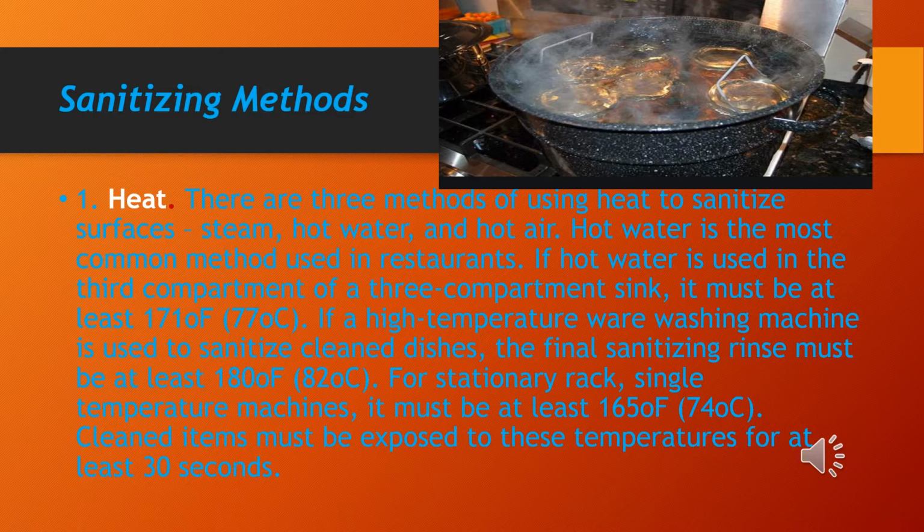If a high-temperature washing machine is used to sanitize clean dishes, the final sanitizing rinse must be at least 180 degrees Fahrenheit. For stationary rack single-temperature machines, it must be at least 165 degrees Fahrenheit. Cleaned items must be exposed to these temperatures for at least 30 seconds.